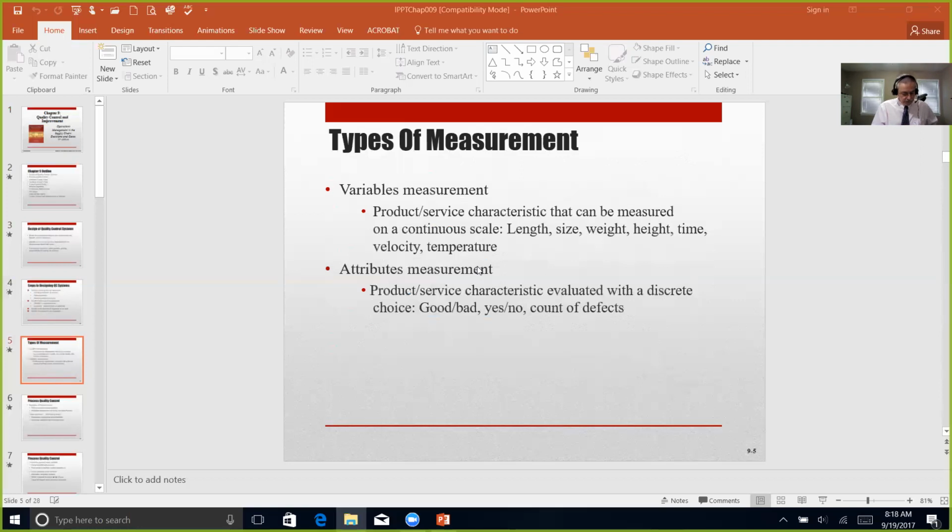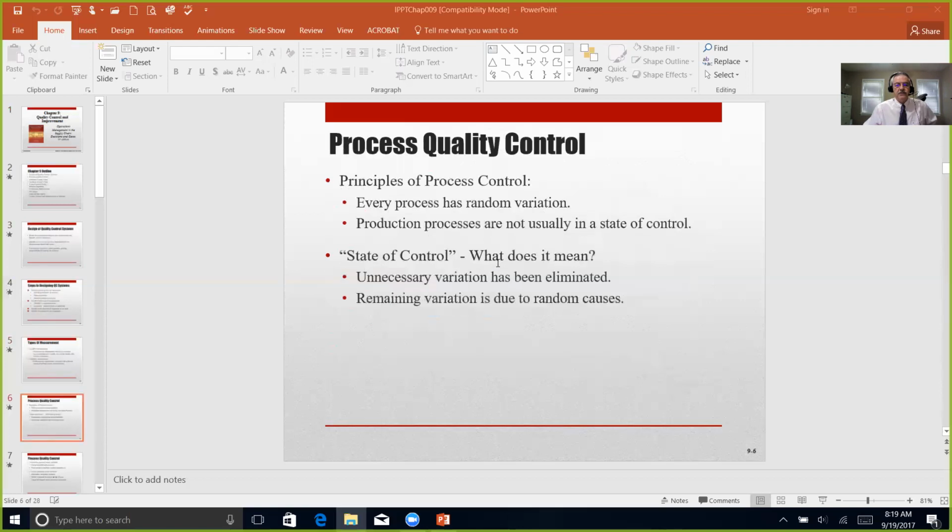The attributes measurement uses more of a discrete scale by counting the number of defective items or units, or defects per unit. With this one, it's a little more complex because of the quality specifications, and you may have to use discrete measurements in order to do that. But those are typically the two types of measurements.